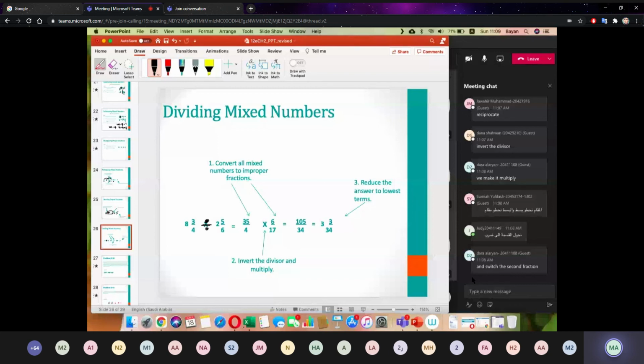Here we have 8 with 3 over 4 divided by 2 with 5 over 6. What should we do?